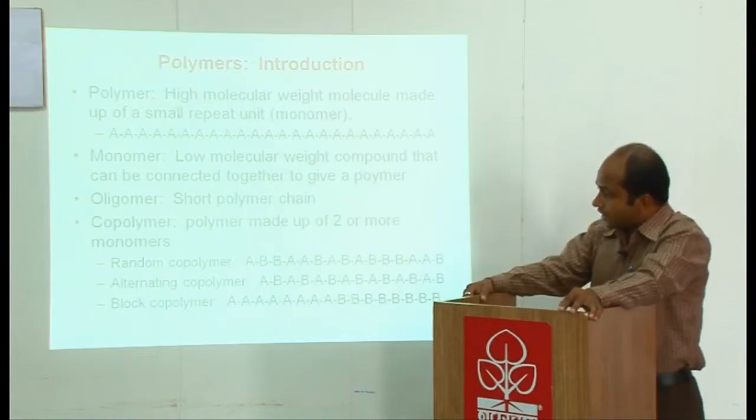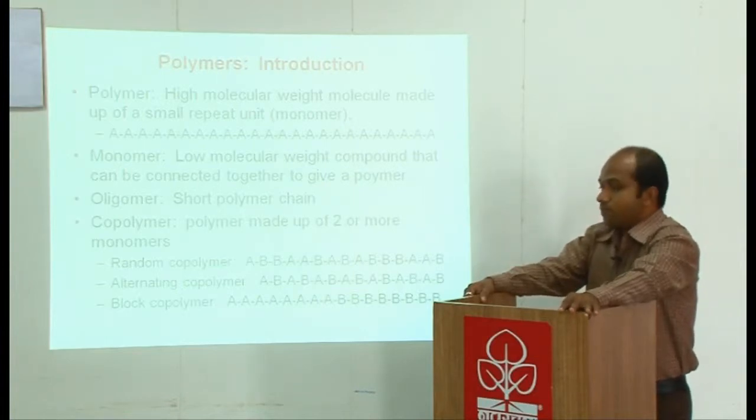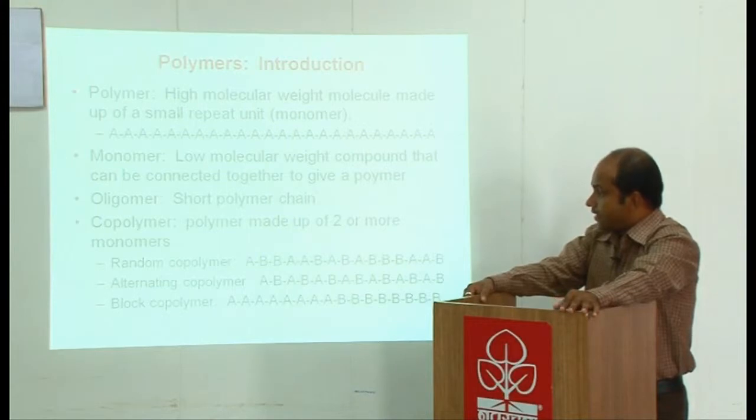Whereas in the case of an alternating copolymer, you have a more organized or ordered arrangement. You have monomer unit A followed by monomer unit B followed by monomer unit A, and so on and so forth. So you have alternating monomer units one after the other.